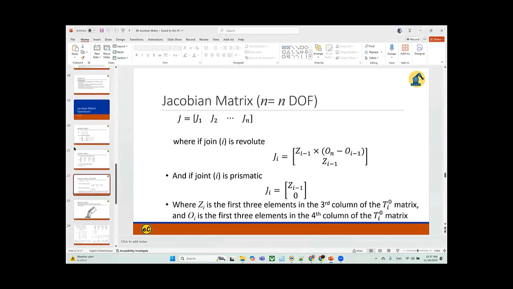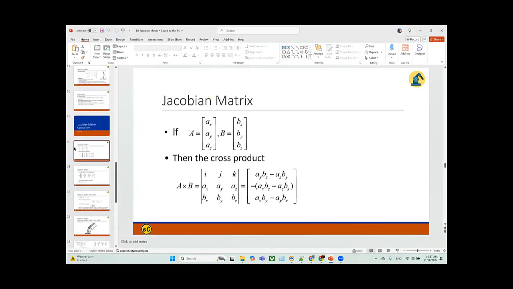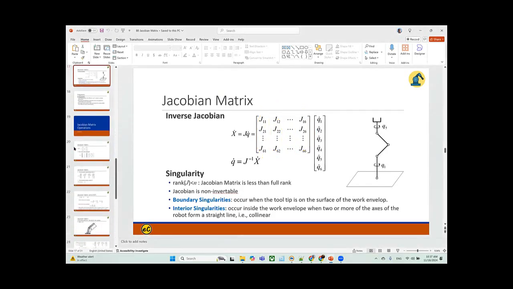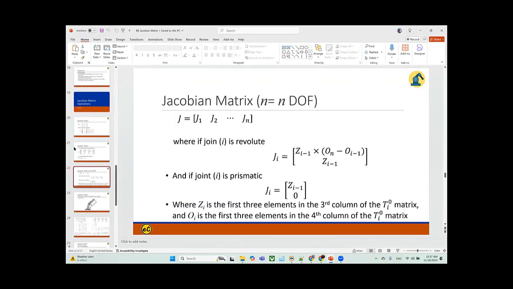The Jacobian columns are getting from each one of these. One Jacobian column, two different Jacobian columns. So each of the Jacobian columns right there is one row, one column, okay.